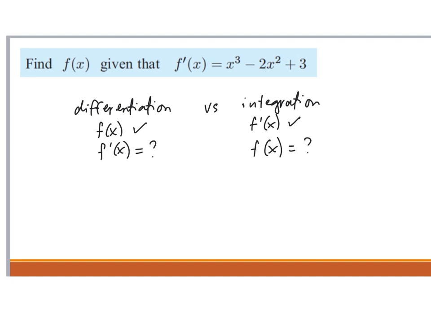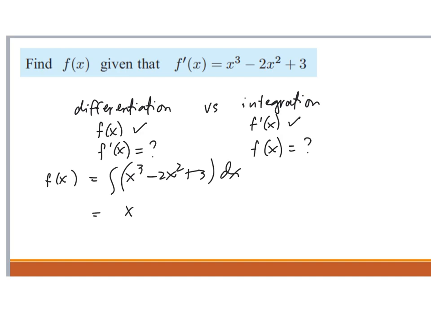So to look for f of x here, f of x or y will just be the integral of x cubed minus 2x squared plus 3 dx, which we know how to do.